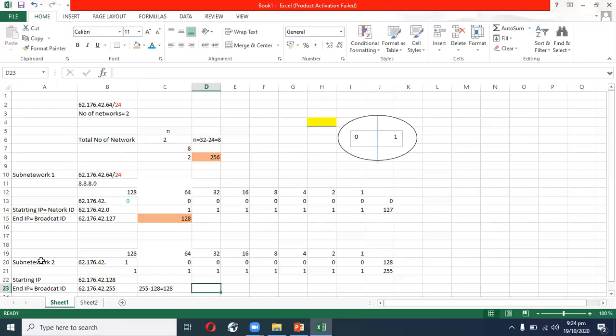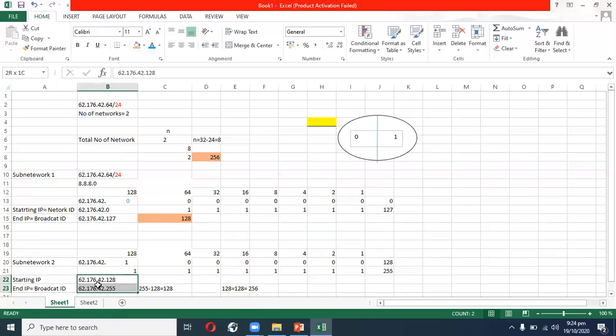So in subnetwork 2, the total number of networks we got is 128, and in subnetwork 1, we got 128. When we add 128 plus 128, it is equal to 256. So from here, we can double check that our answer is correct.